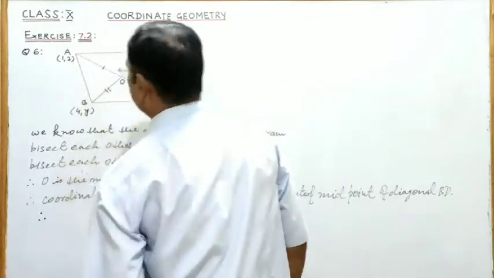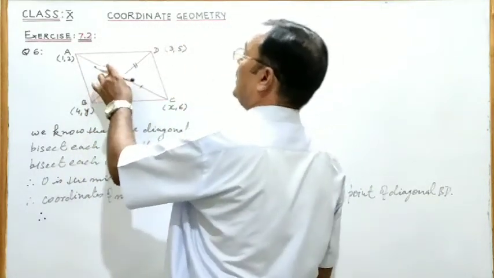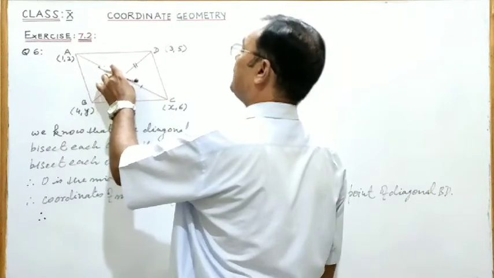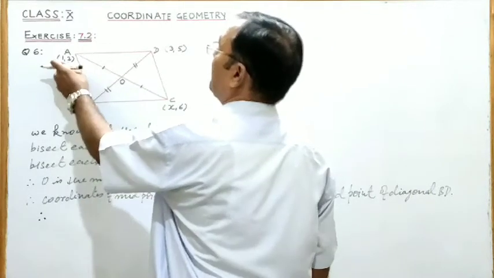Therefore, now let us write the coordinates of midpoint of diagonal AC.